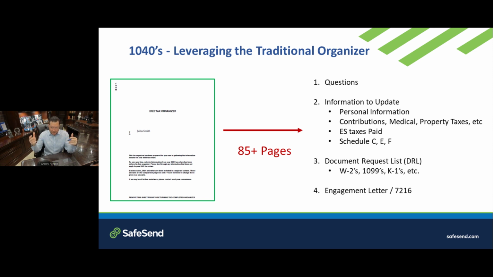You've got all these questions you have to come up with. You've got information that you have to update, from Schedule C, E, and F to personal information and contributions. You've got to create these document request lists. We call them DRLs. What do I need from you, the client? I need your W-2s. I need your 1099s. And then you usually have an engagement letter in there, 7216 to sign.